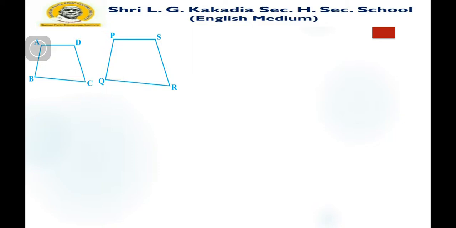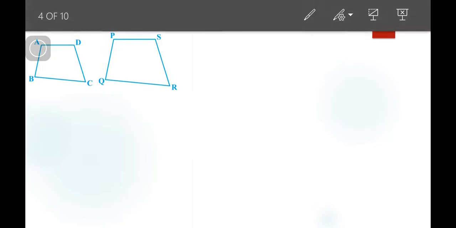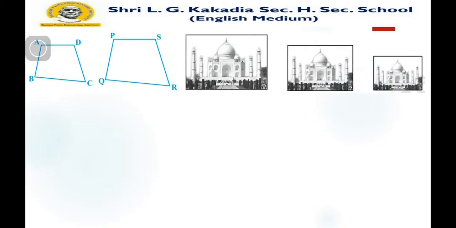On one side you can see that both are similar, but here no size is given by which we can compare both shapes, so we cannot directly say that these two figures are similar. Here one more figure is given: you can see three photos in rectangular shapes.